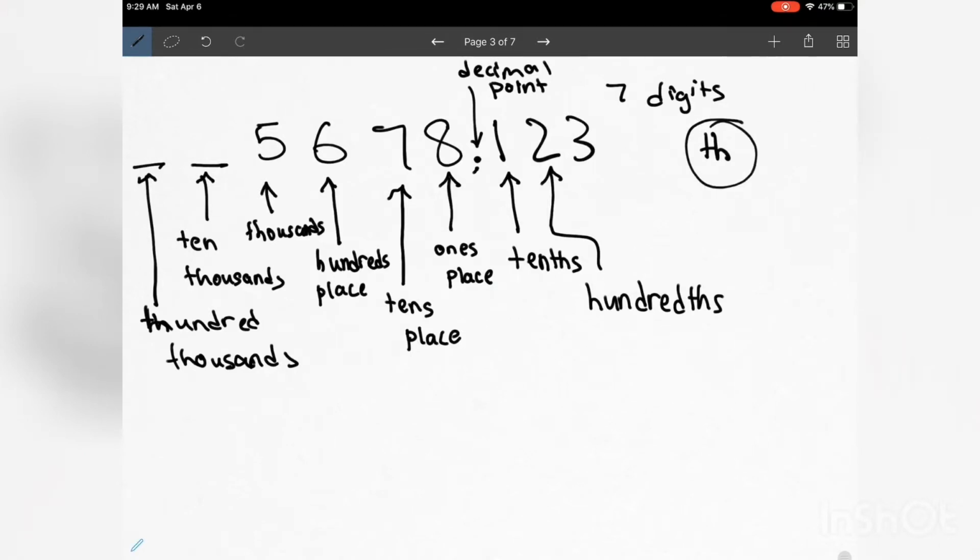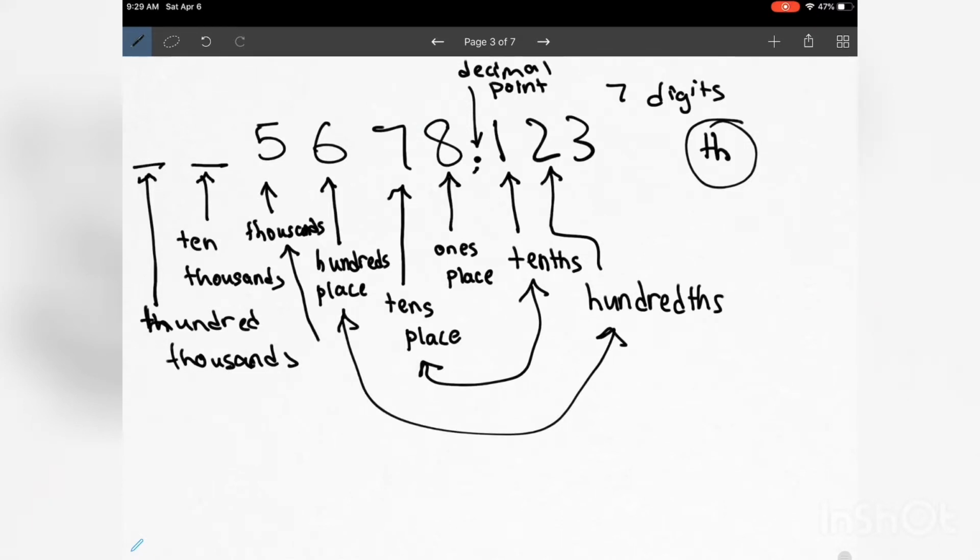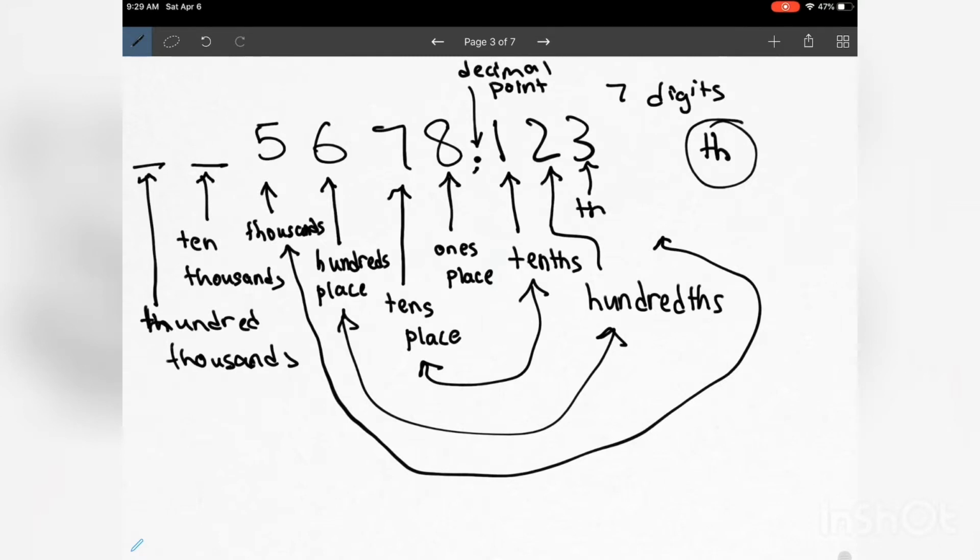For example, the tens place becomes a tenths place, the hundreds place becomes a hundredths place. So with that information, we can infer that this would become the thousandths place. Correct. So this is the major idea of place value.